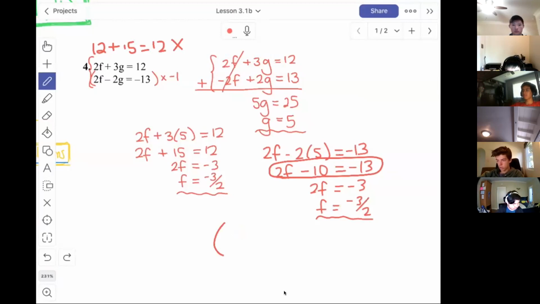Miss Leong. Yeah, question. So could you still do it the addition and subtraction way? Because I feel like when I looked at it, I think you might get the same answer, instead of multiplying it by -1. Yeah, you can subtract and you get the same answer. Is that what you're asking? Okay.